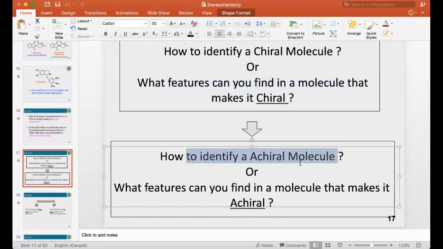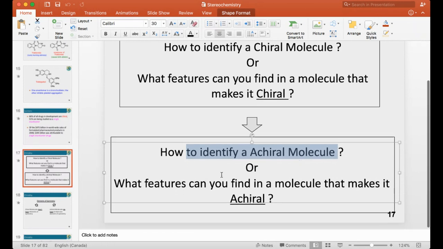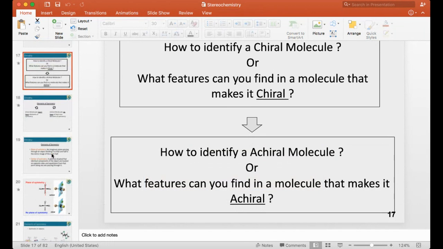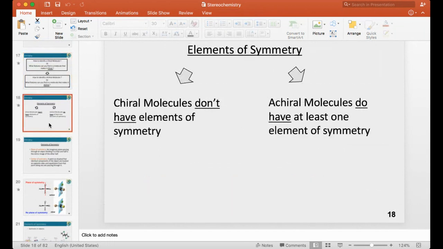How can we identify an achiral molecule? A molecule that is superposable with its mirror image. What feature could we find in a molecule that will make that molecule achiral? And that is a really critical thing to know in organic chemistry and in chemistry in general. And it's a pretty simple thing.